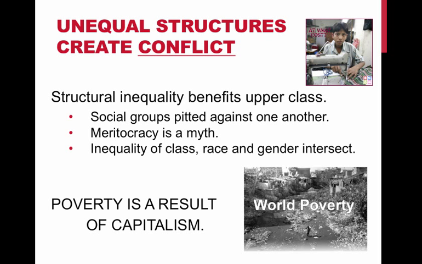And what we find is that meritocracy and this notion that the smartest and the best and the brightest and the most hardworking will get the most in life is actually a myth, according to critics of structural inequality, suggesting that perhaps those social groups with the most, or the upper class, hire those that they know, that really they overlook the inadequacies of people of their same social group oftentimes.